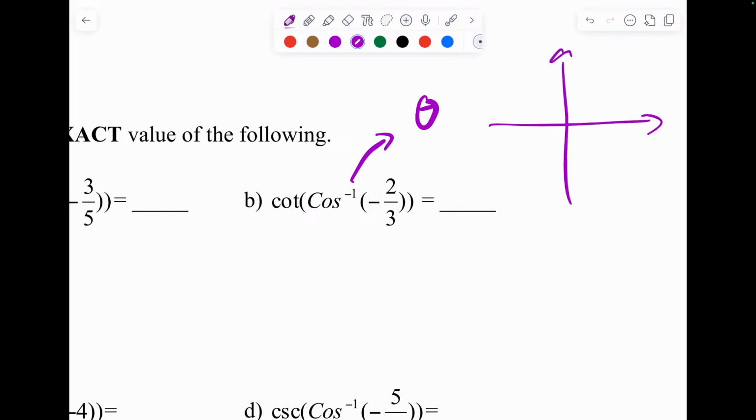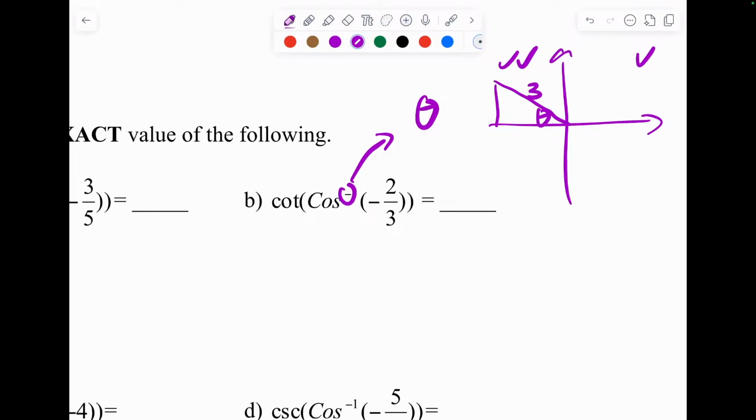Cosine inverse is in the top 2 quadrants. Since it's negative, it's in this quadrant. So draw a reference triangle here, and make sure that 3 is always positive because the hypotenuse is never negative.